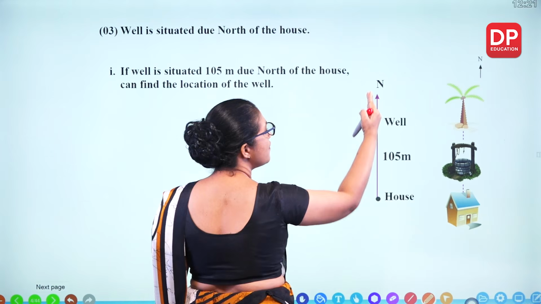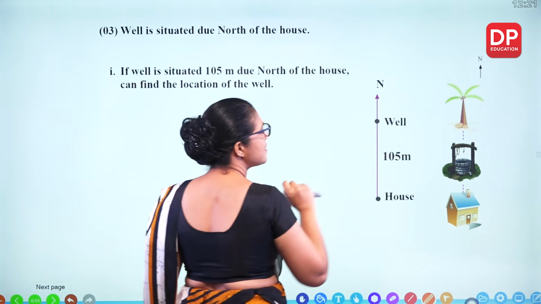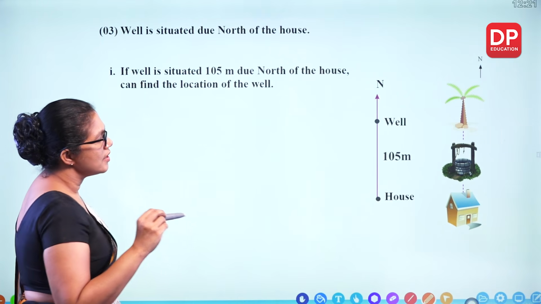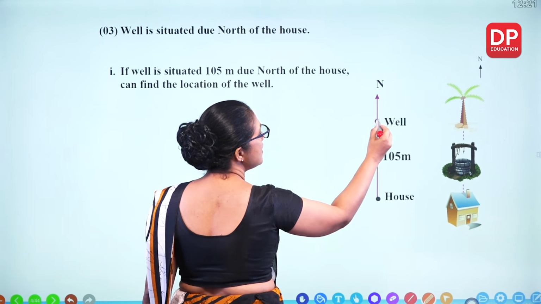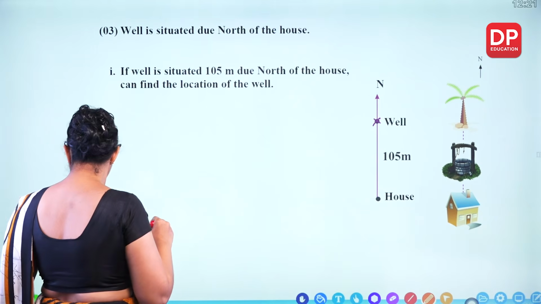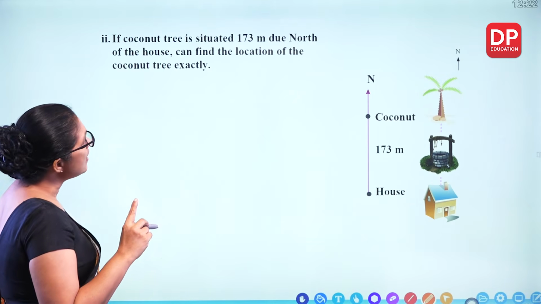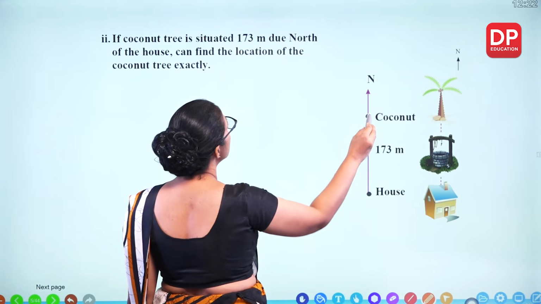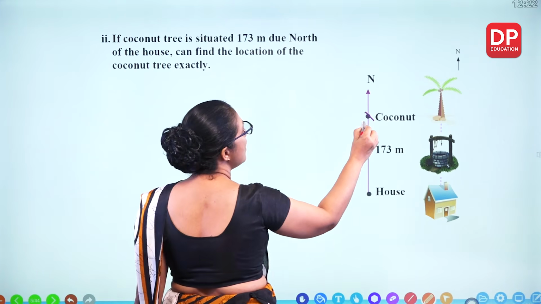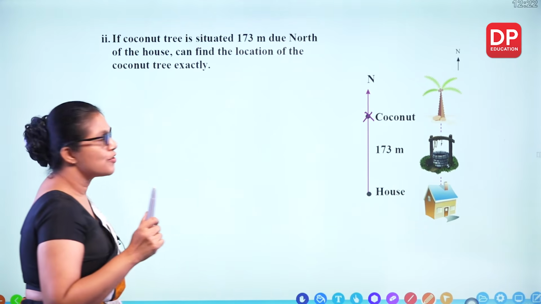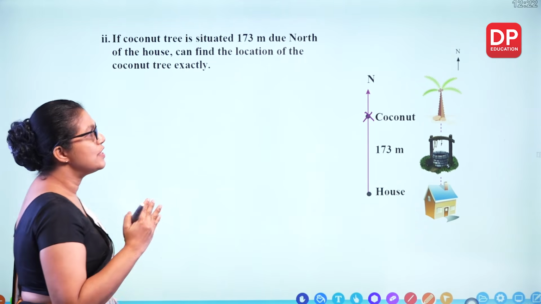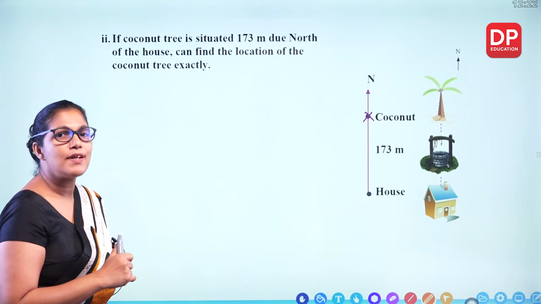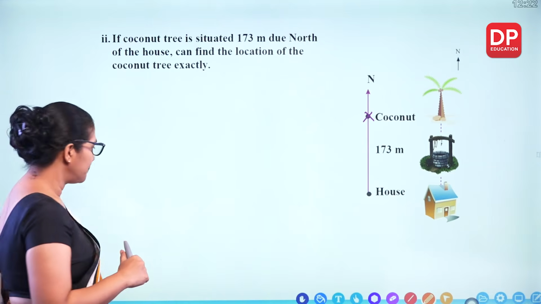We need to know the direction and the distance. So 105 meters due north of the house. So if the house is there, the well is somewhere here. If the coconut tree is situated 170 meters from the house, you can find the location of the coconut tree exactly. So you know the direction is north and distance is 170 meters from the house.